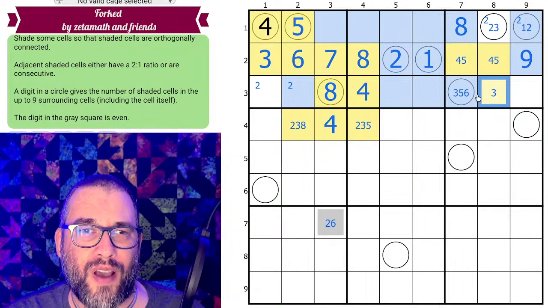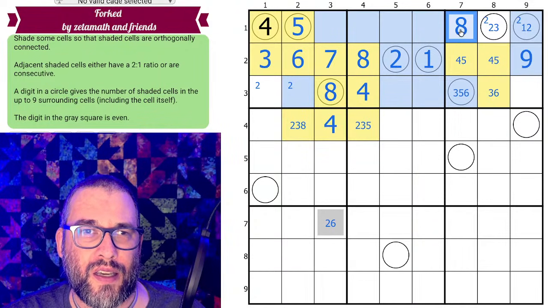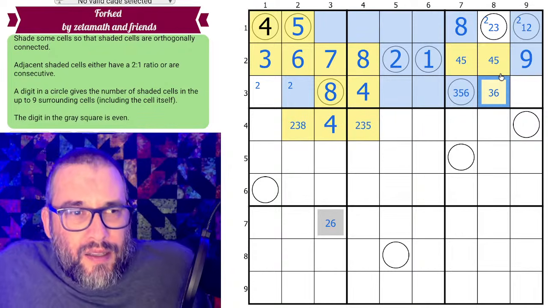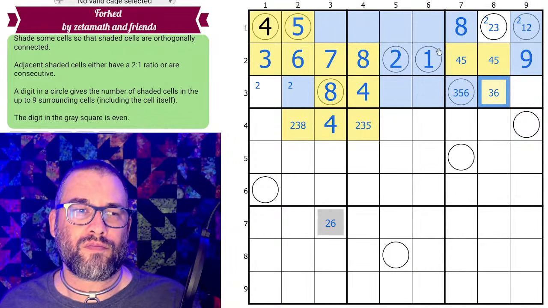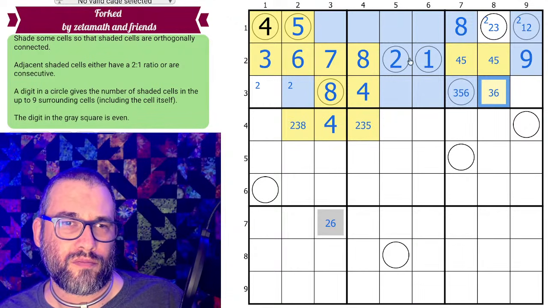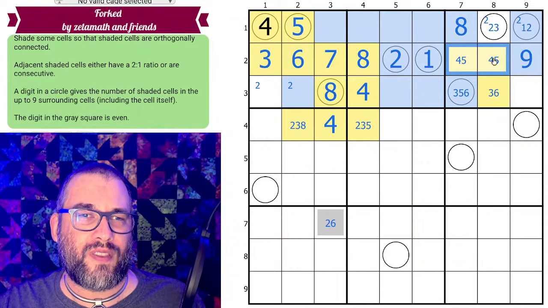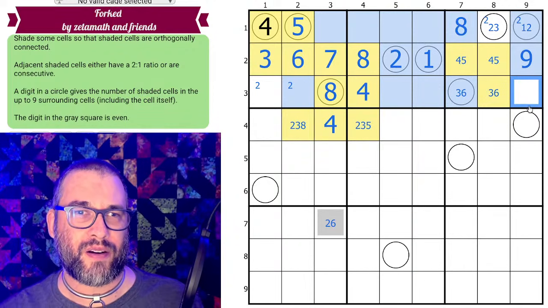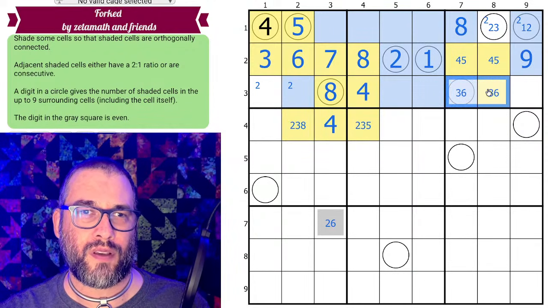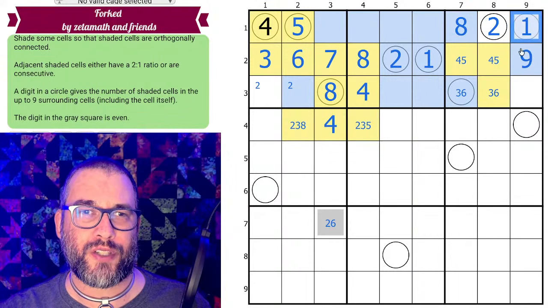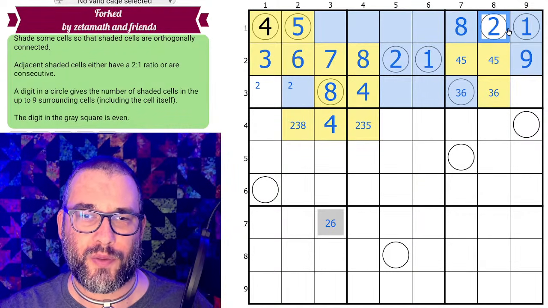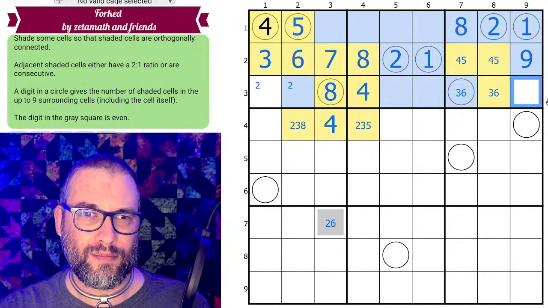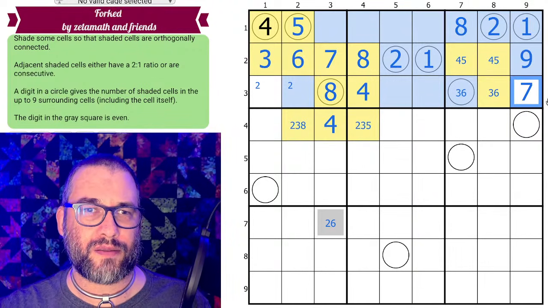It's not 4 or 5. It could be 6. And 8 is gone. So this is 3 or 6 only. This 4-5 pair eliminates 5 from here. So we actually have a 3-6 pair. Which is great because it resolves this business. Now this one's done, so it's not shaded. And this is just a 7.